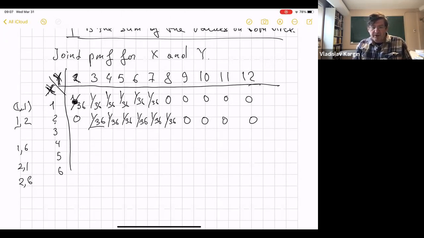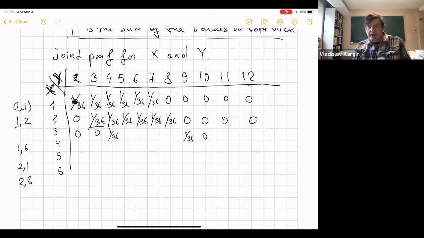Here x equal to 3 and y equal to 2 is not possible. X equal to 3 and y equal to 3 is not possible. But x equal to 3 and y equal to 4 is possible, equal to 1 divided by 36, and again 1/36 here, 1/36 here, and after that 0, 0, 0.